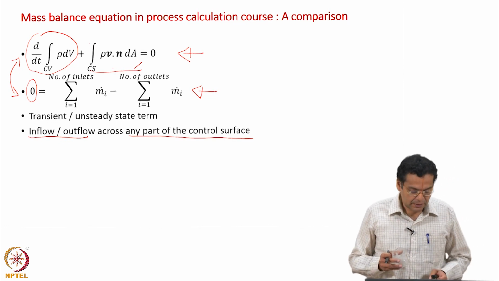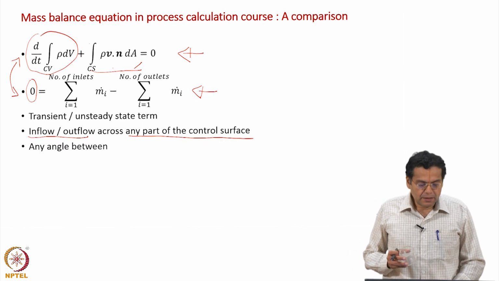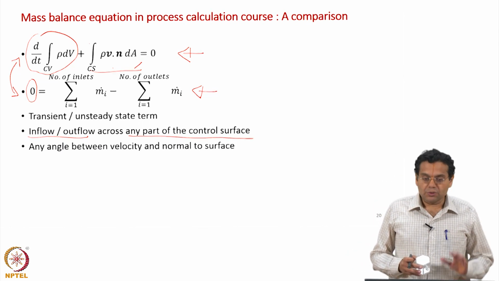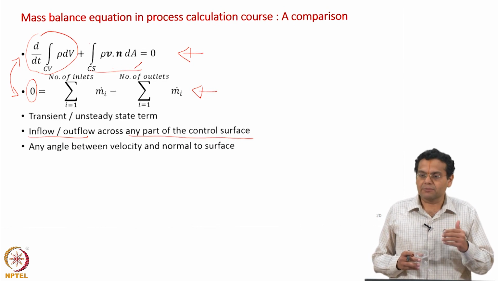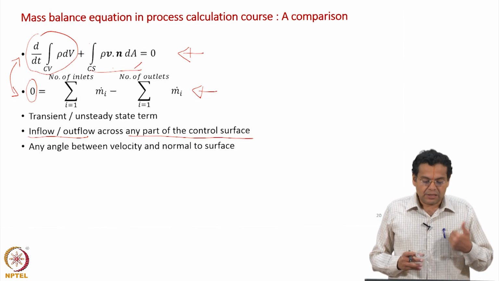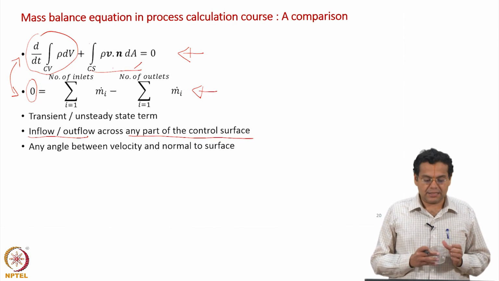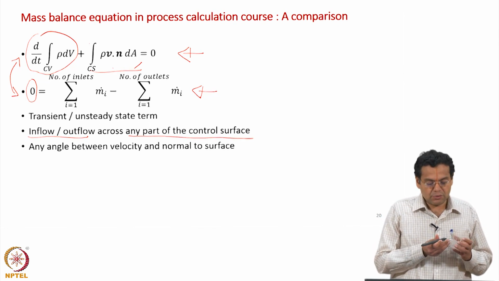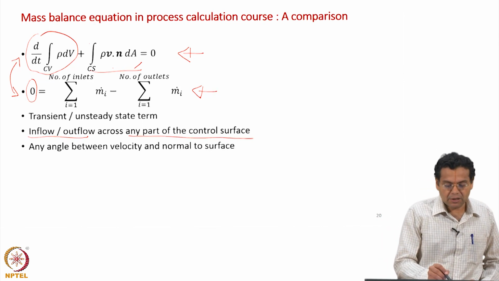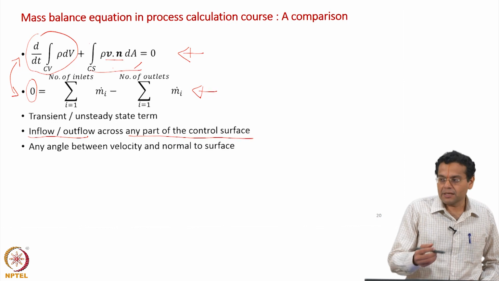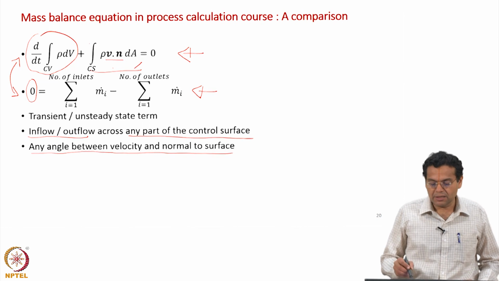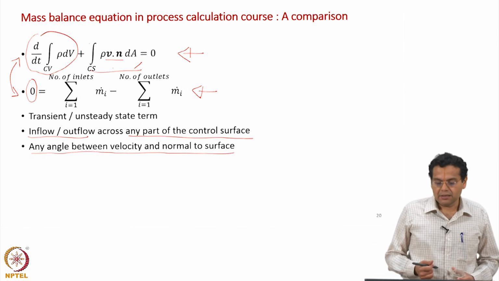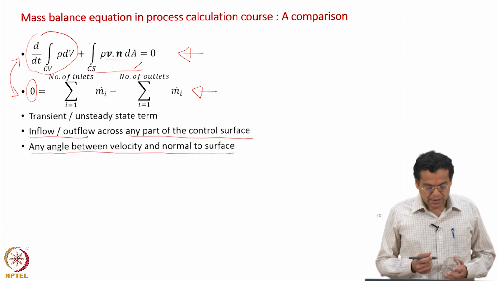Now, you would have worked mostly in terms of mass flow rate, not in terms of velocities, etc. Now, we are working in terms of velocities, densities, etc. Not only that, we allow for any angle between the surface and the velocity. So, because we talk in terms of v dot n, the normal component of velocity, any angle between velocity and normal to the surface is taken into account.